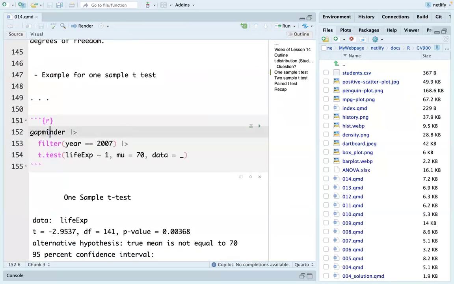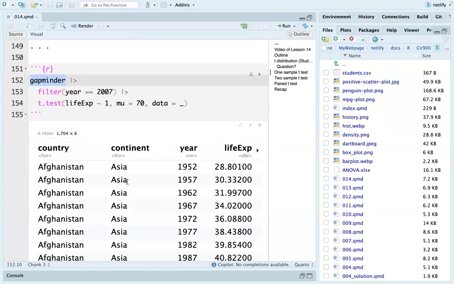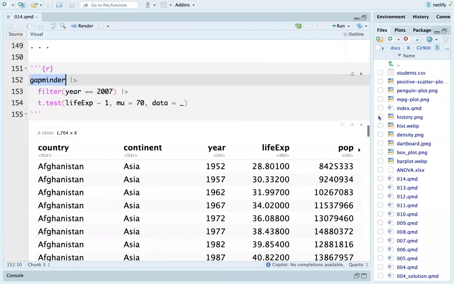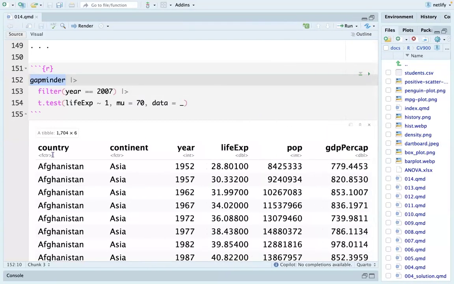We use the Gapminder dataset, which looks like this, with country and continent, year from 1952 to 2007, life expectancy, population, and GDP per capita.